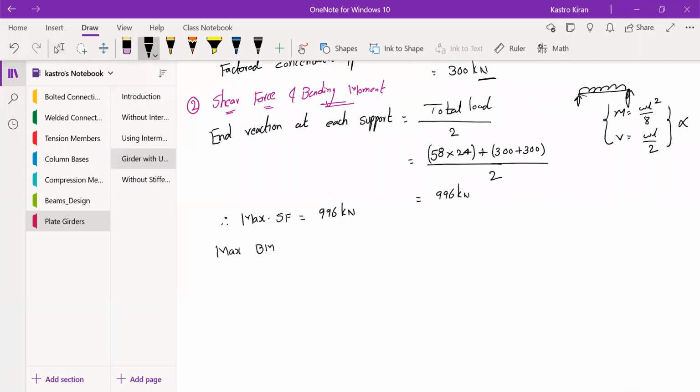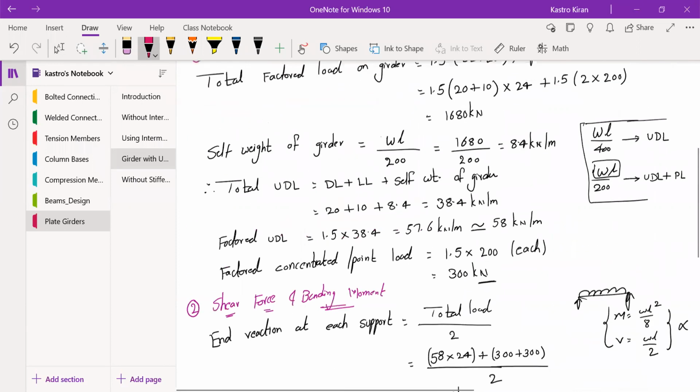So you have the simply supported beam wherein you have the uniformly distributed load, and the intensity of the uniformly distributed load is 58 kilonewtons per meter.